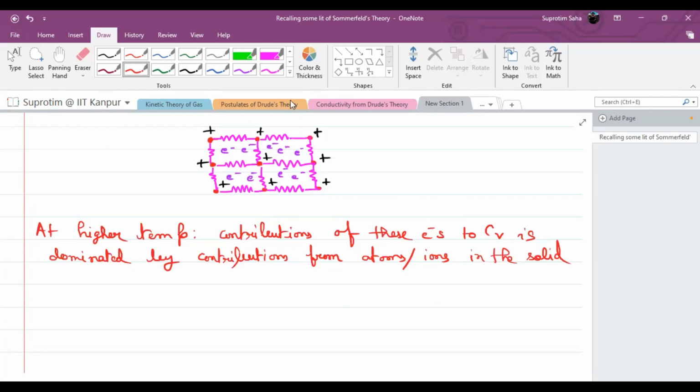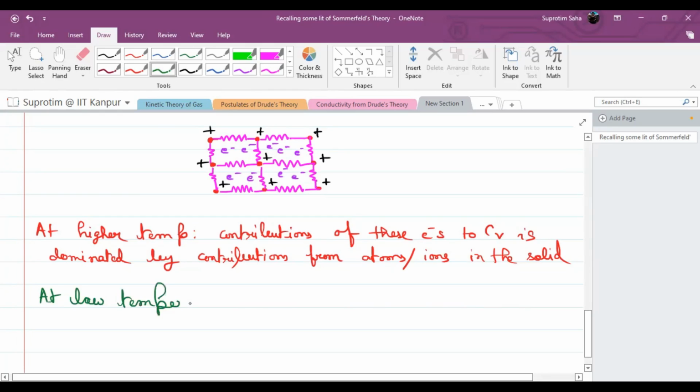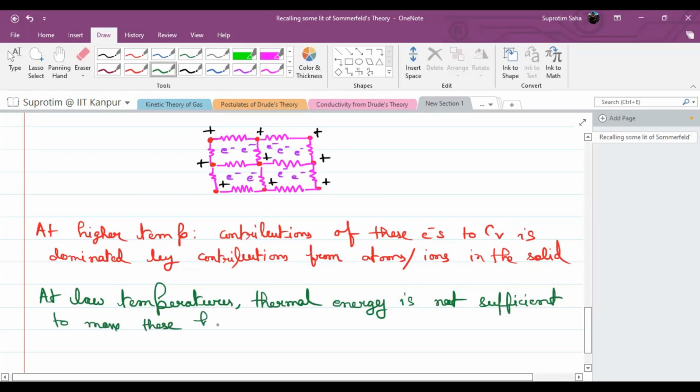But as they go down to low temperatures, thermal energy is not sufficient to move these heavy ion cores.